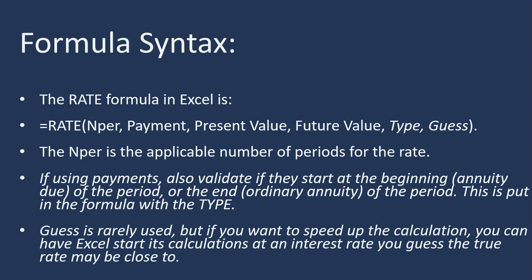Finally, the guess optional input that I mentioned: if you want to speed up the calculation that Excel is performing and you have an idea that the interest rate may be close to a particular number, you can tell Excel to start checking for rates approximately around that number. So having gone through this, let's jump into Excel and I'll show you a practical application of where you'd use this function.